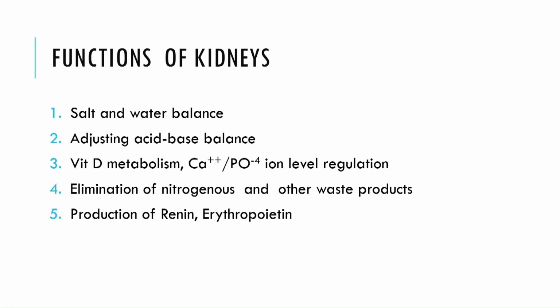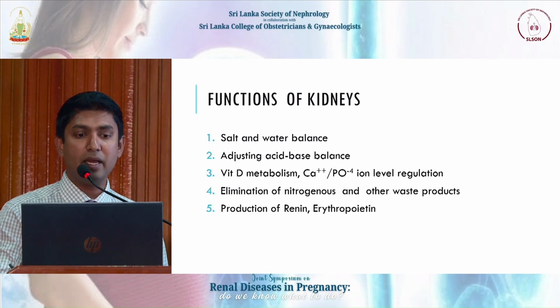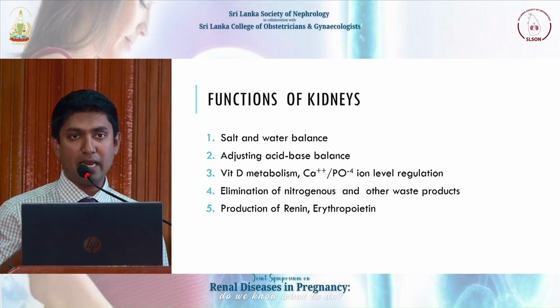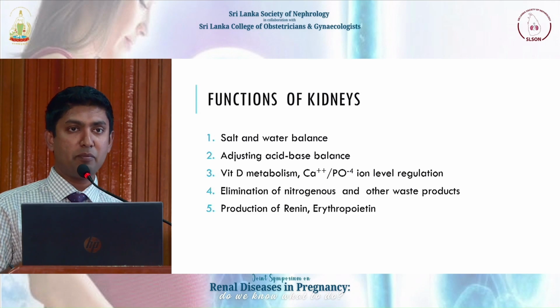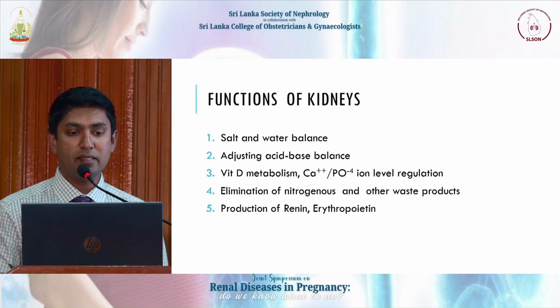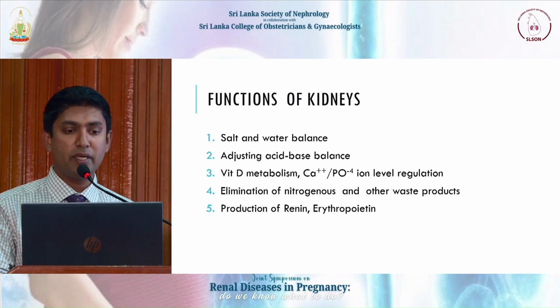So, functions of the kidney. The kidney has many roles in the equilibrium of the body. It mainly acts in salt and water balance, and also adjusts the acid-base balance, and helps in vitamin D metabolism as well as some other ions like calcium and phosphate.